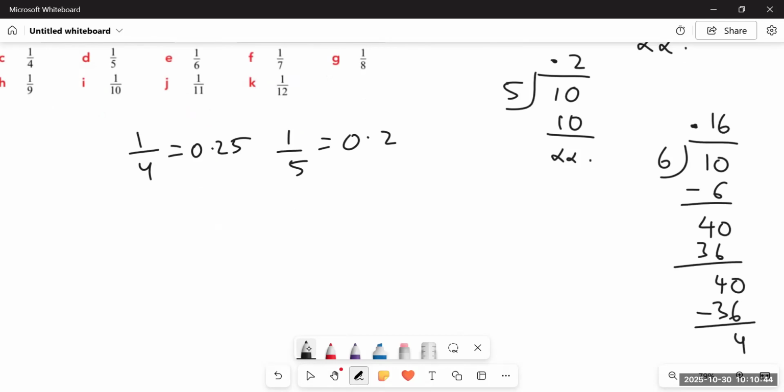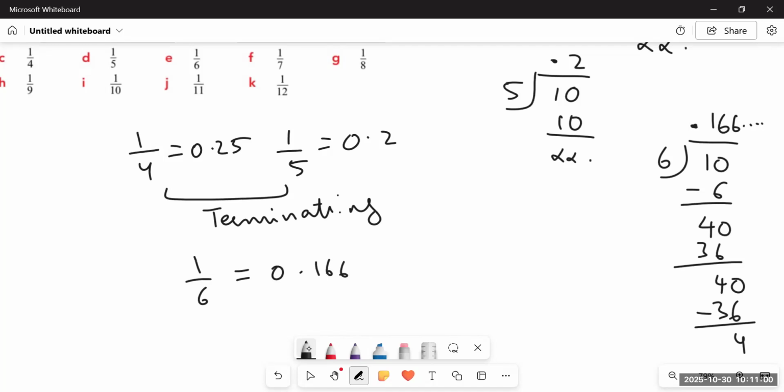So it is actually a recurring decimal. 1 over 4 and 1 over 5 are both terminating, but 1 over 6 is equal to 0.166666. We can write it as 0.16 with a dot over the 6, which expresses that 6 is a recurring decimal.